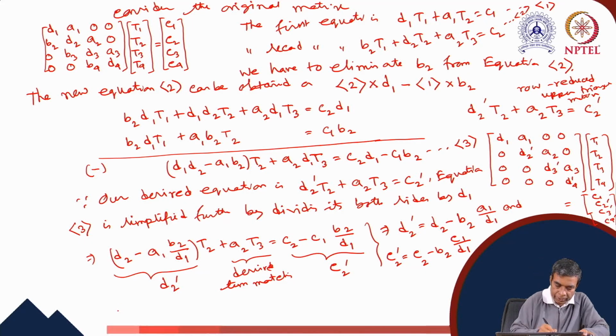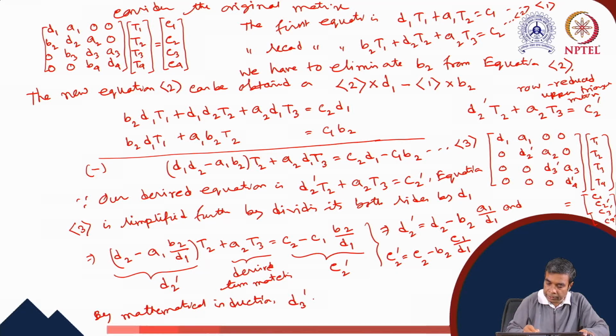So this gives us, by mathematical induction, d3 dash equals d3 minus b3 into a2 by d2 dash, and c3 dash equals c3 minus b3 into c2 dash divided by d2 dash.